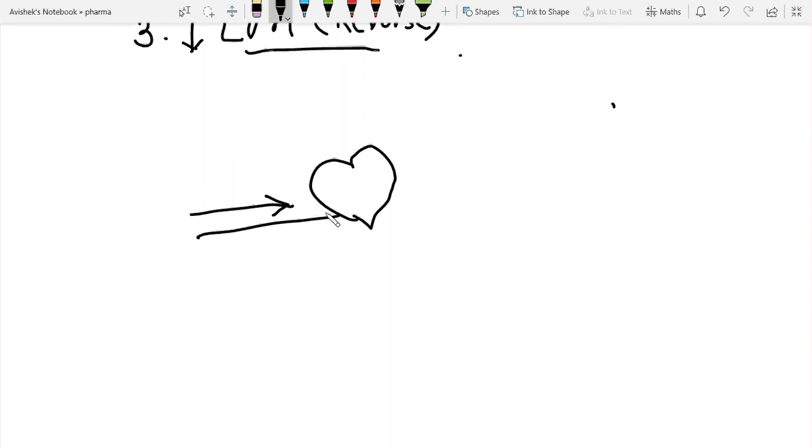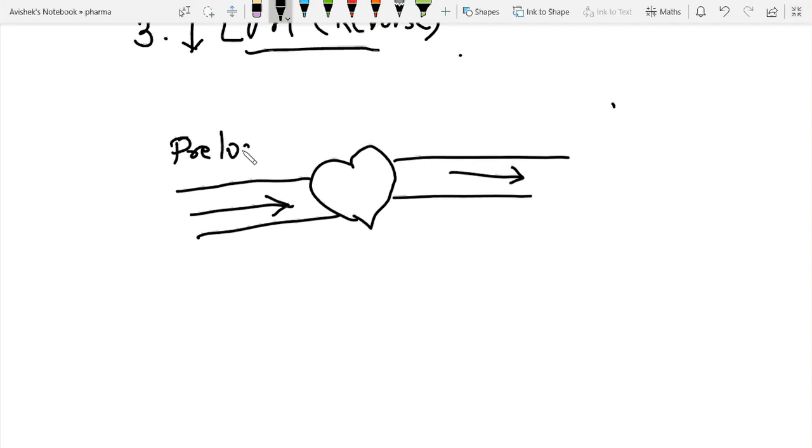Blood is flowing into the heart, and the heart has to pump the blood outside. So the blood before the heart is called preload, and blood going out is called afterload. Some drugs can decrease preload, some drugs we can use for afterload, and some drugs we will use in both.